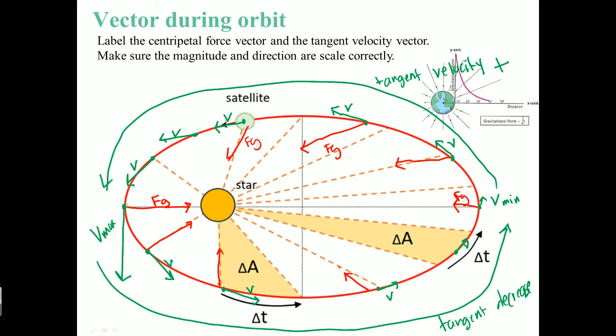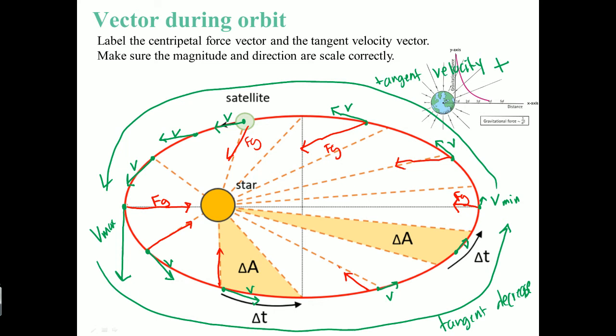As the object is coming closer to the sun, it starts speeding up, right? Because in theory, notice how the force of gravity is pulling it in towards the sun. So it's going to keep coming, and it's going to try to get pulled into the sun. But as it approaches, velocity increases, to the point that at this point it's going to hit its V max.